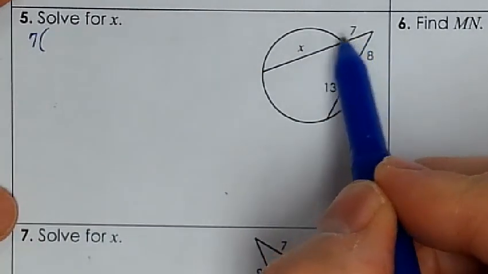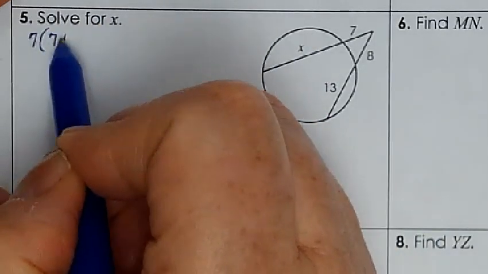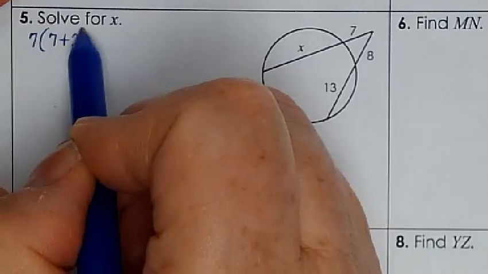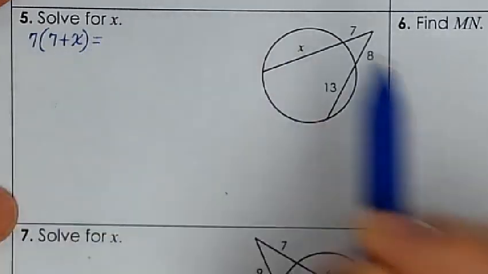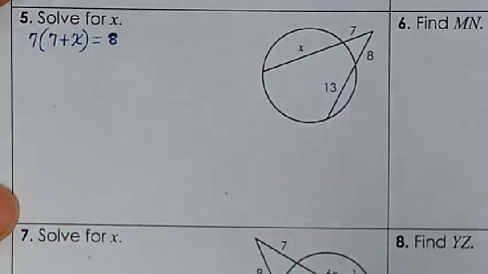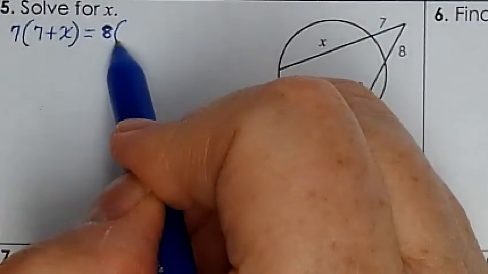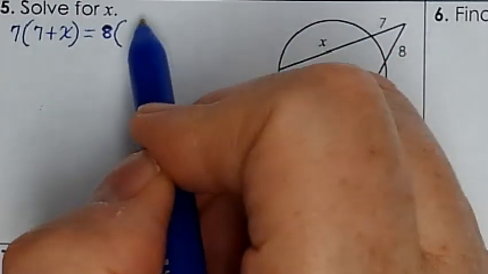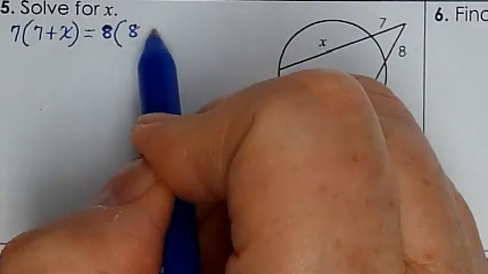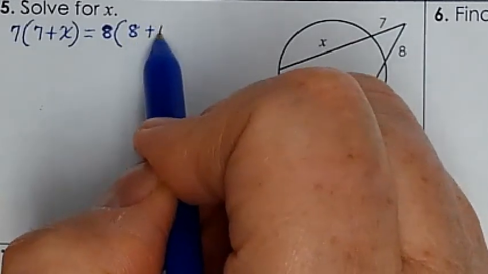Plus. Beautiful. And you set that equal to the outside, which is 8, times the sum, which would be, what is it? Plus 13. Perfectly appropriate. 100% absolutely correct.